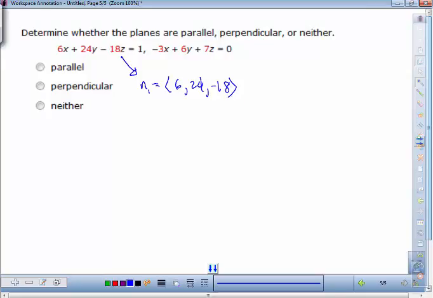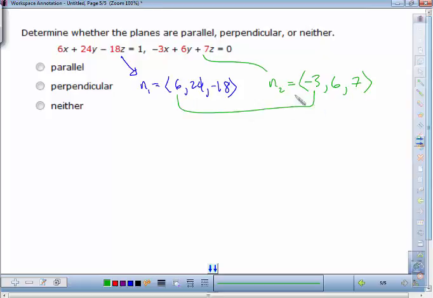It's up to you. The other plane, we'll call plane 2. We'll have a normal vector n2, and that's negative 3, 6, and 7. Now, if you can somehow set them equal to each other, instead of doing the cross product, this might be a quicker way to check to see if they're parallel.